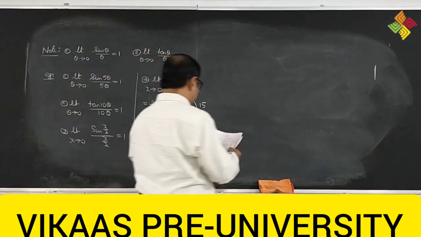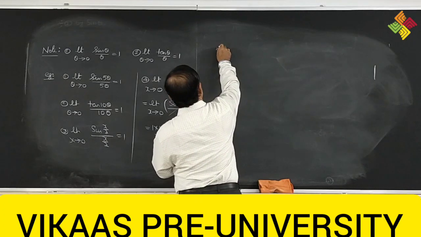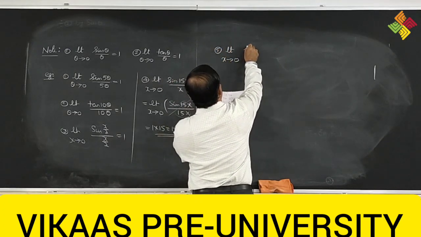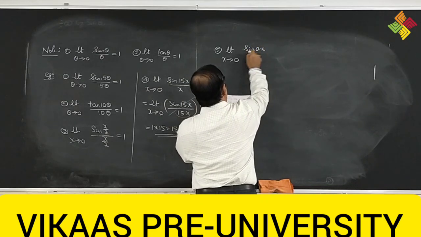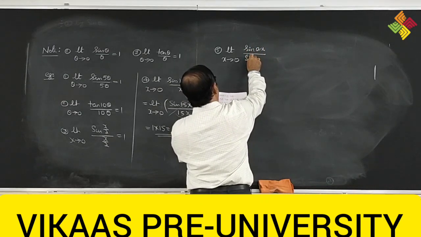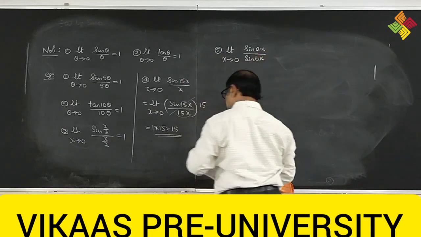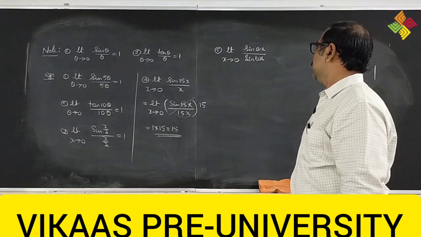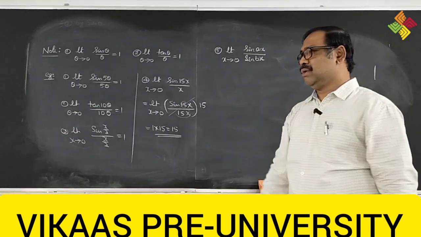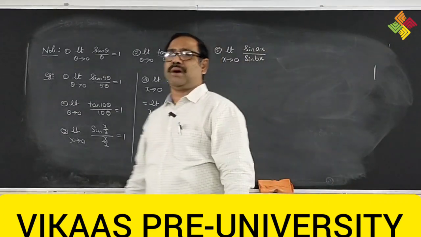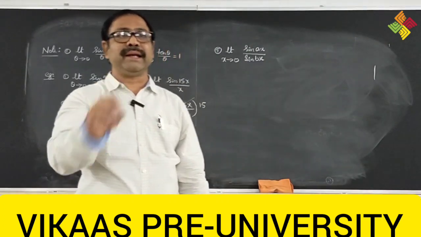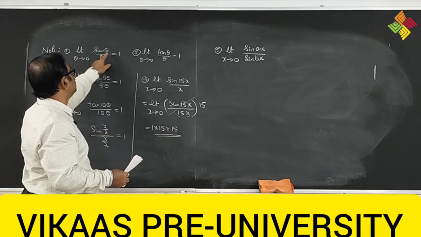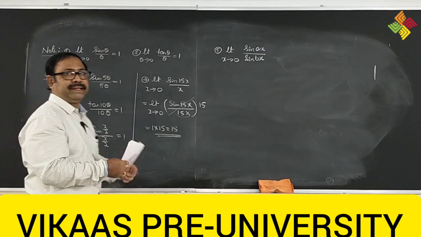Now, I will write another example. Say, limit x tending to 0 sin ax divided by sin bx. First, you convert this into the general form, limit theta tending to 0 sin theta by theta.